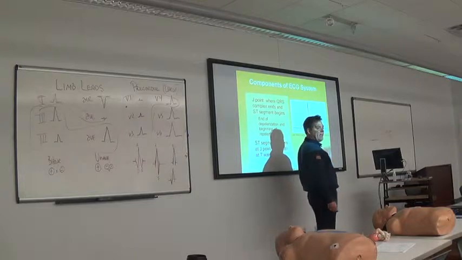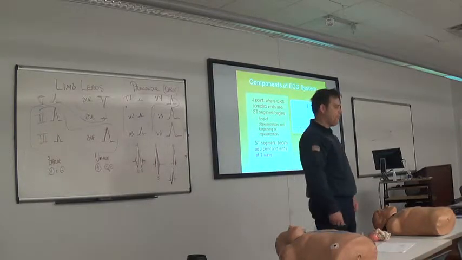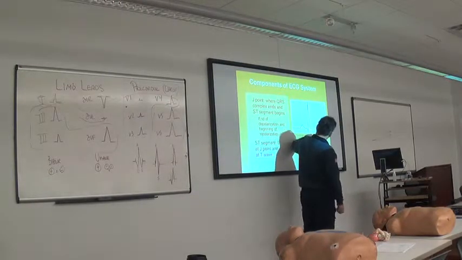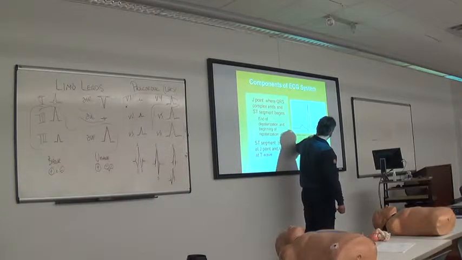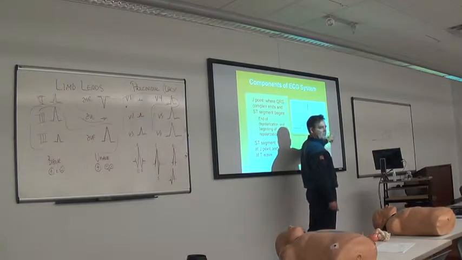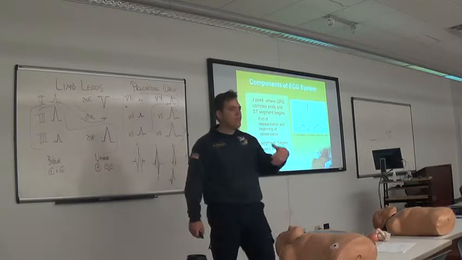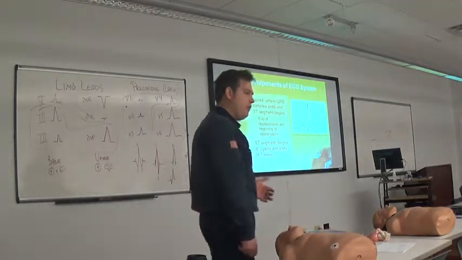If that is the case, then I have ST elevation. If my J point is down here, is that elevation or depression? Depression. Very simple. Not rocket science. There are some more things that will apply as we move on, but just recognizing that pattern is all I want you to do right now.